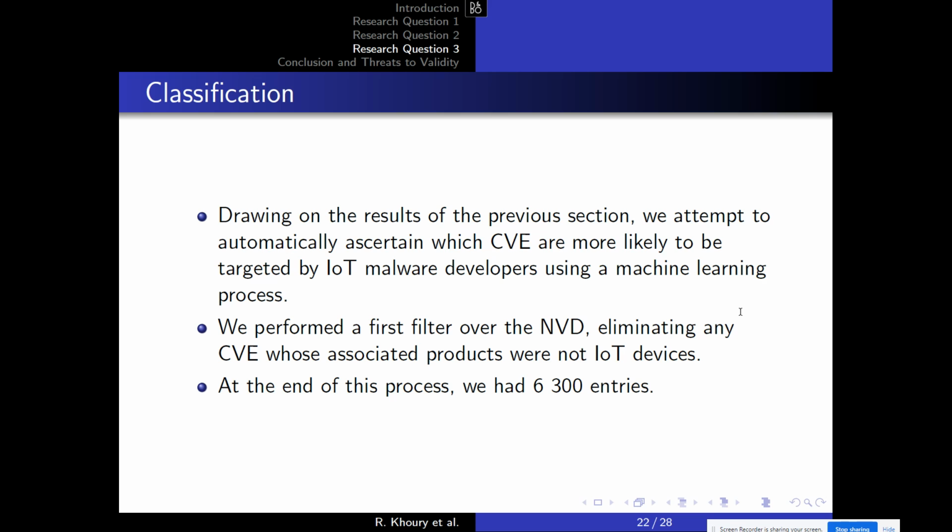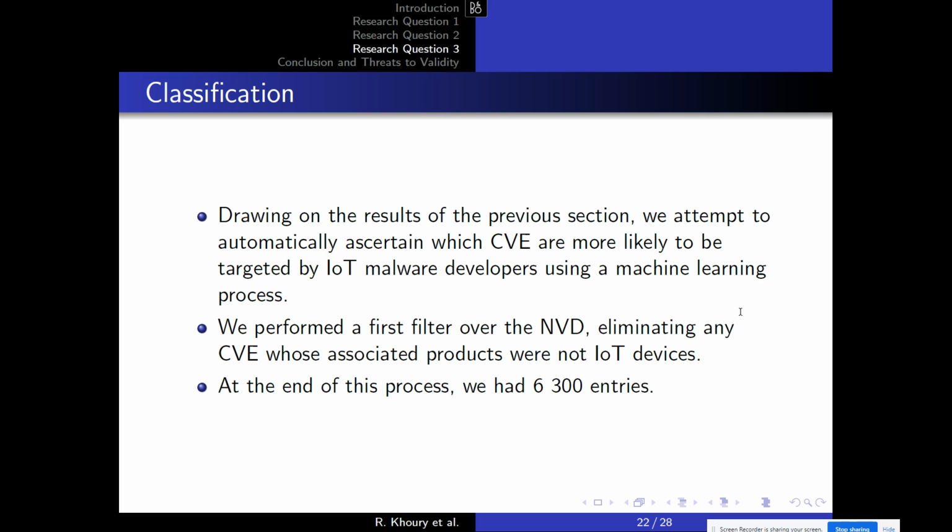So we used a machine learning process. In this research question, we did not want to use the entire NVD database. So we performed a first filter to identify products that were specifically targeted, to identify CVEs that targeted IoT devices. I explained in the paper how this filter was made.